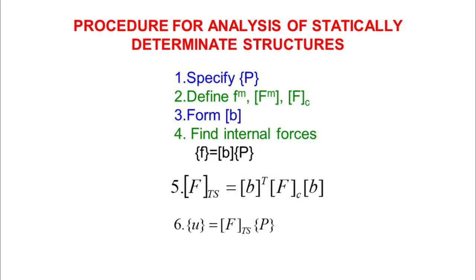The first step is that we need to specify the prescribed forces or the force vector P. Now the directions of the positive external displacements are governed by the P vector, and the P vector also dictates the size of the total flexibility matrix of the structure. So FTS will have a size n by n, where n is the dimension of the vector P.